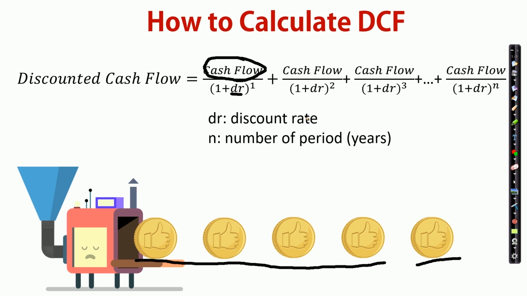Now, if you understand this equation, you have realized something that is fundamentally flawed. When investing in a company, in our analogy here, this money-making machine, we expect our money-making machine to be growing and not stay stationary. So while the company grows, the cash flow that it generates should also grow together.